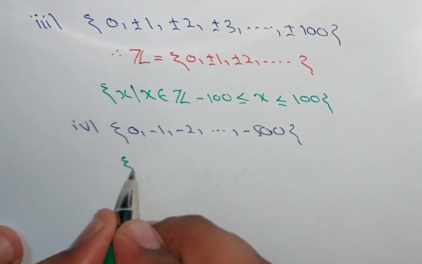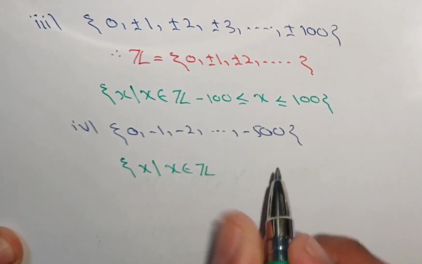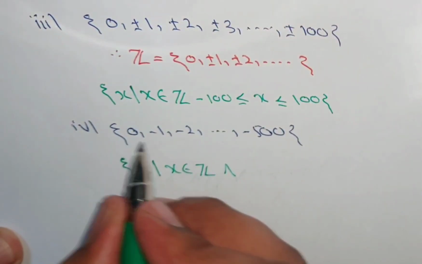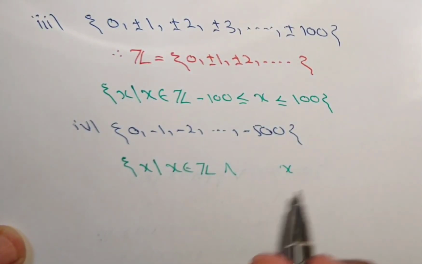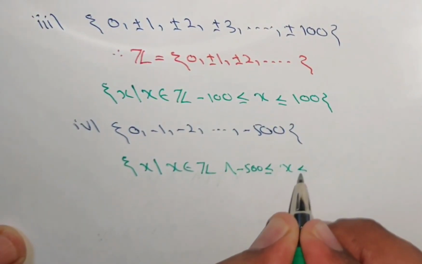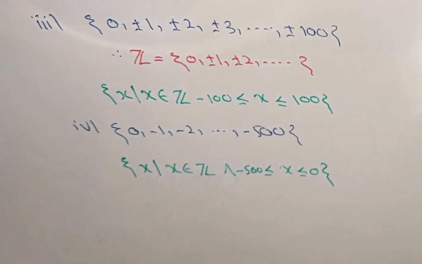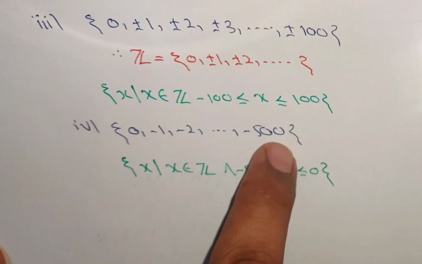So we can write the set builder form as x such that x belongs to the set of integers, and this x is less than or equal to 0. We can write that x is greater than or equal to minus 500 and less than or equal to 0. As we know, minus 500 is the smallest value here.